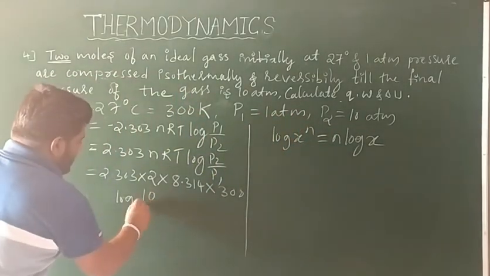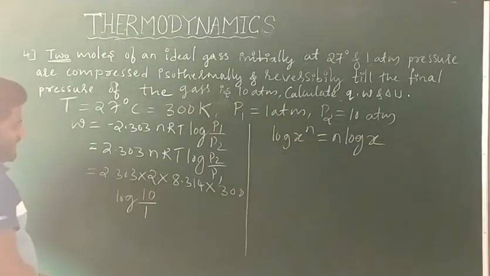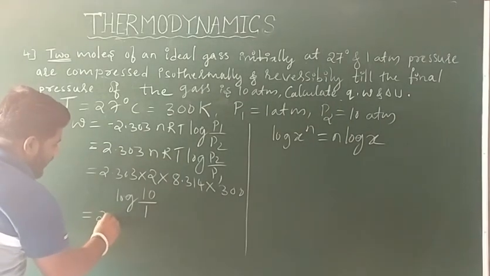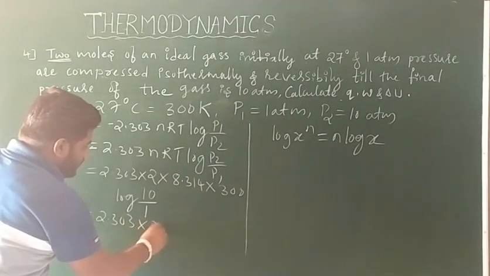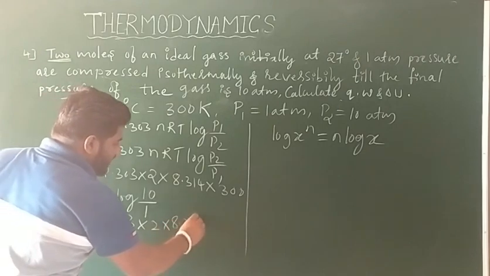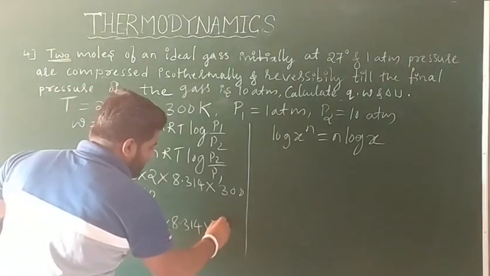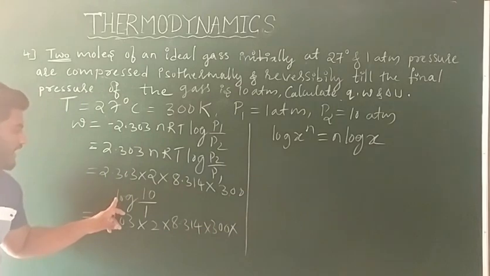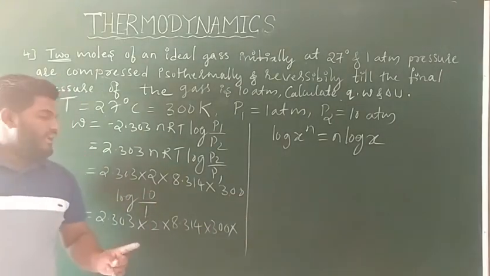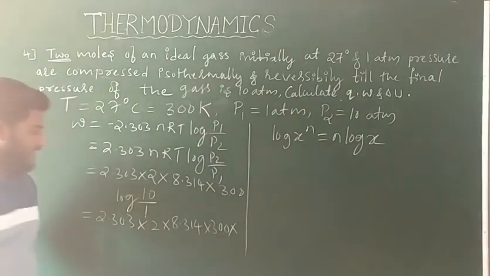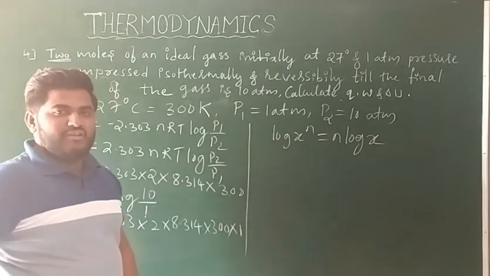So finally we got 2.303 into 2 into 8.314 into 300 into log 10 by 1, means log 10. Log 10 value is 1 always. So remember, log 10 value is 1.